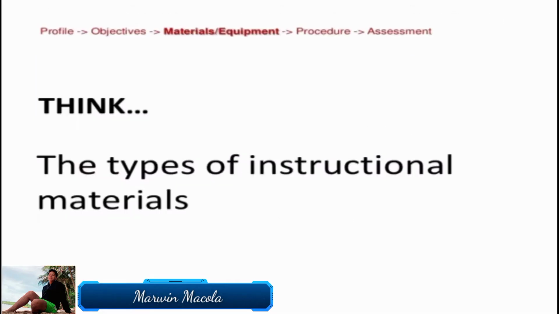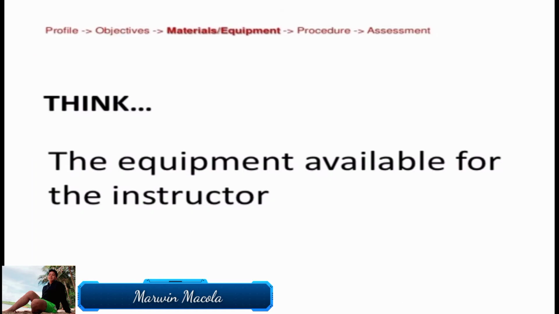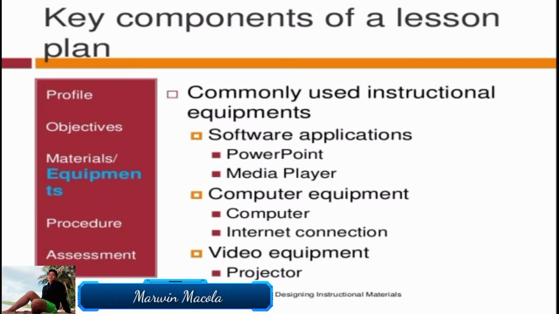Next, let's think about what instructional materials can be used by educators. Materials include PowerPoint presentations or visual aids, textbooks, journal articles, multimedia materials, instructional video or audio, job aids, rubrics or checklists. Then, let's think about the equipment available for the instructors. These are commonly used instructional equipment.